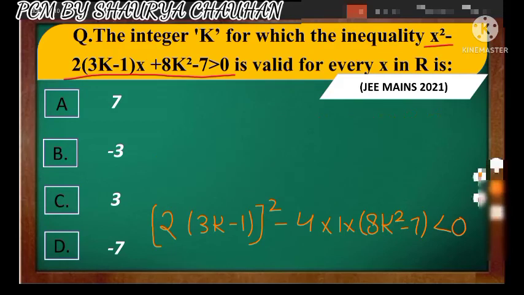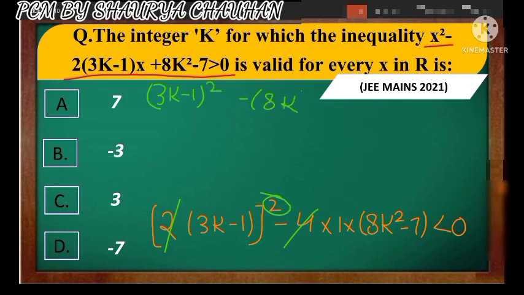Now let's simplify it. When we take 2 out, it becomes 4, because it is squared. So now it will become (3k minus 1) whole square minus (8k square minus 7) is less than 0.